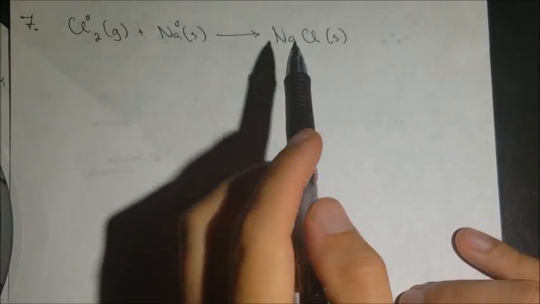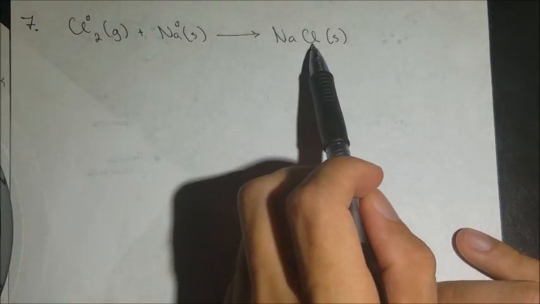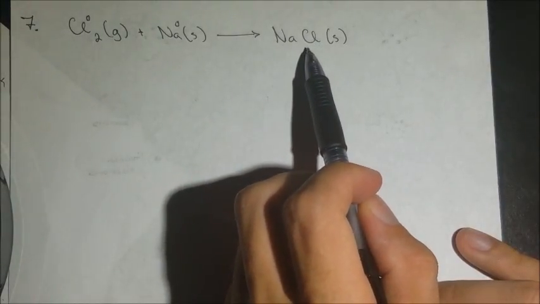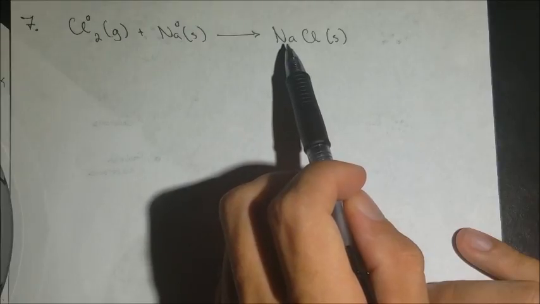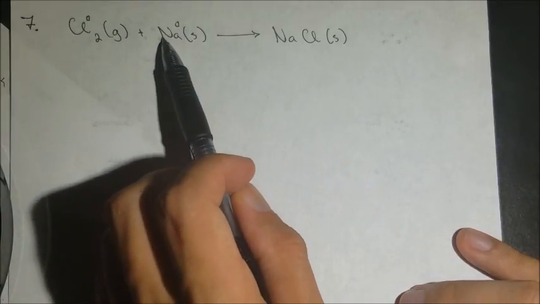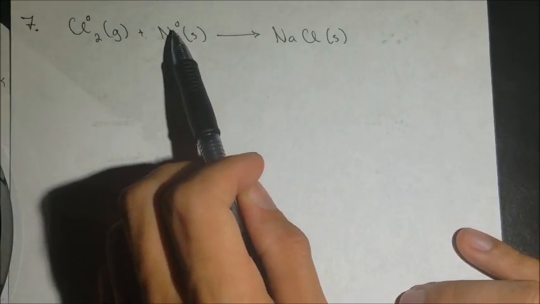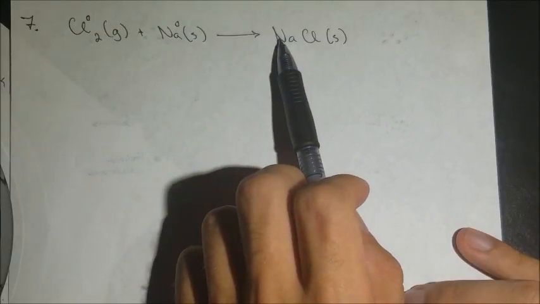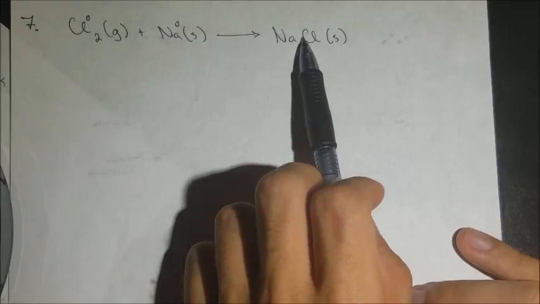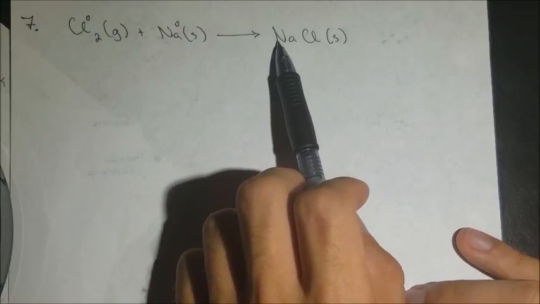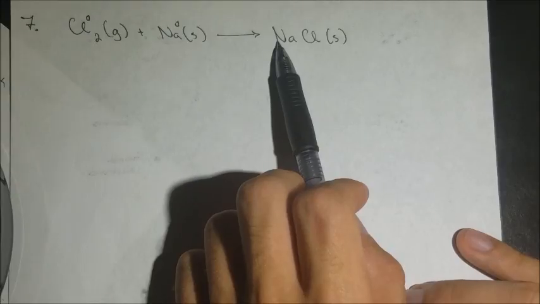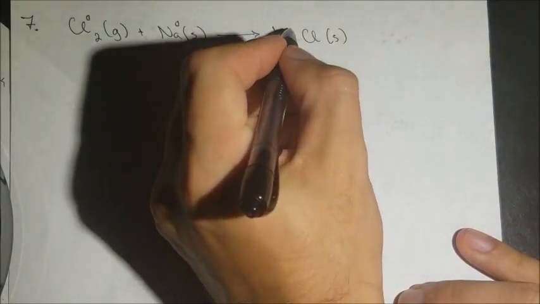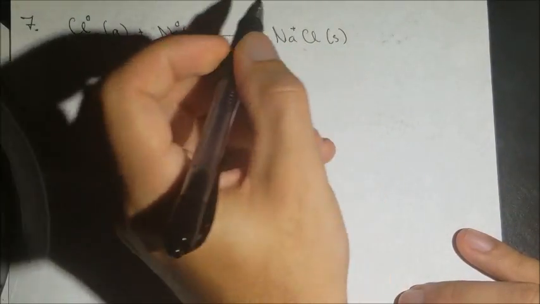Here what we're seeing is that the sodium and the chlorine have now undergone a redox reaction. That's really the important thing. So the sodium here goes from being elemental at a 0 charge to being ionic. Sodium chloride is an ionic molecule, so the sodium will have lost an electron, because it becomes sodium plus.